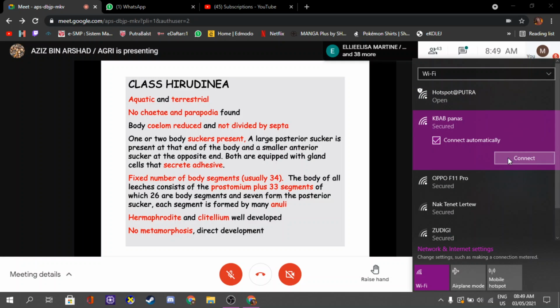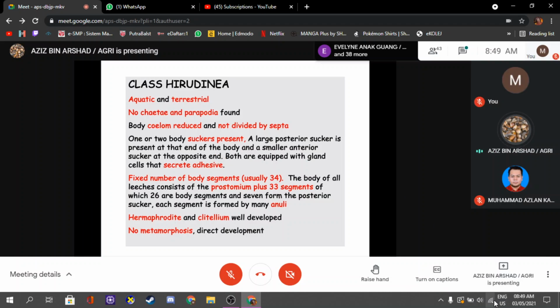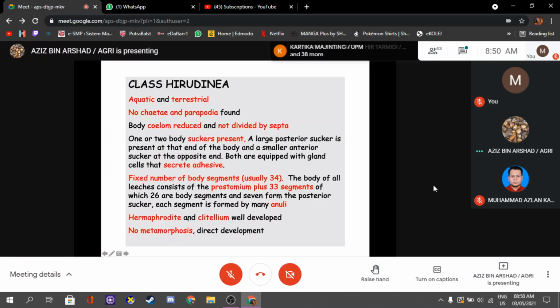Because present is a posterior sucker, and each segment is formed by many annuli. So on the body, instead of segments, you see the annuli more than the segment itself.